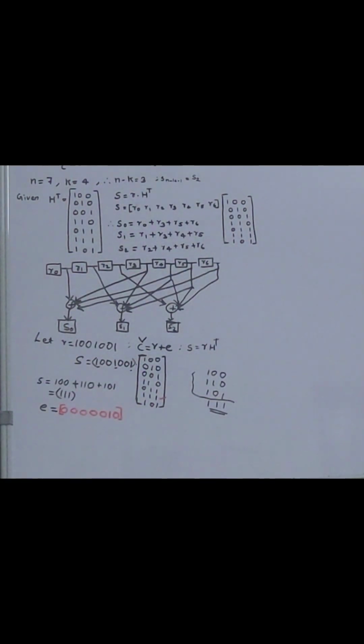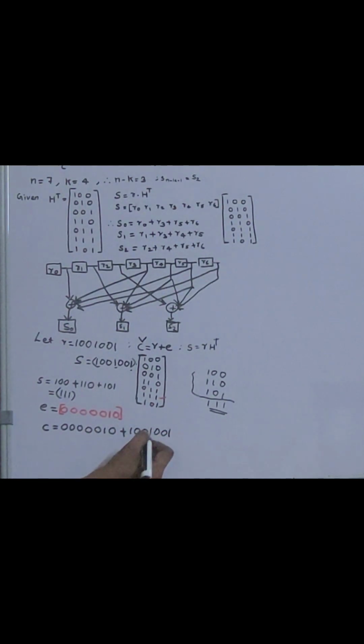From this, we can simply calculate the code word. The code word C is equal to the error, 0 0 0 0 0 1 0, plus the received vector, 1 0 0 1 0 0 1.